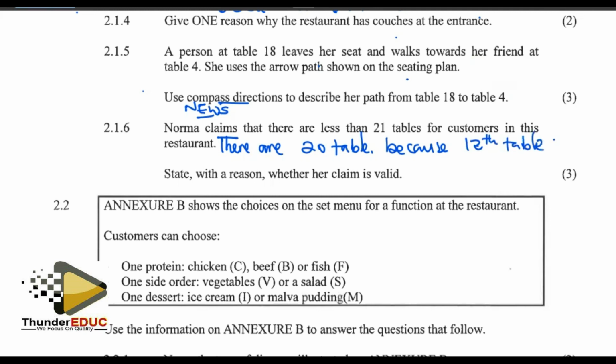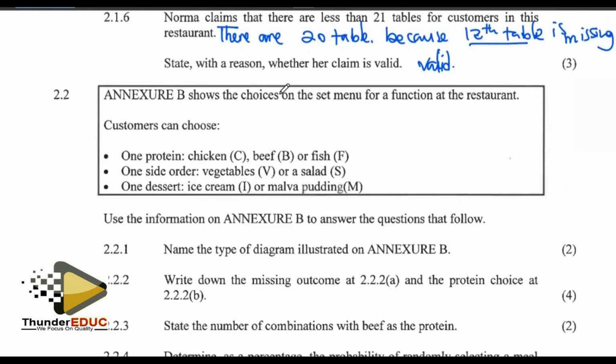Table 13 is missing. State the reason whether her claim is valid. It's valid. Yes, there are 20 tables. The 13th table is missing. It's not there. All right, let's look at the next chart B.